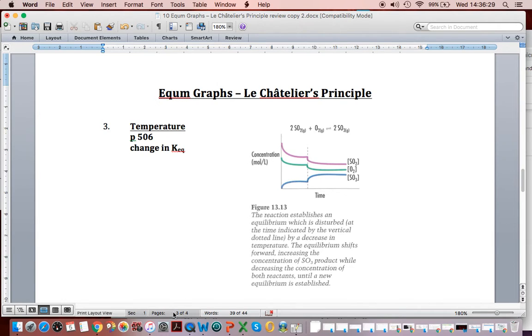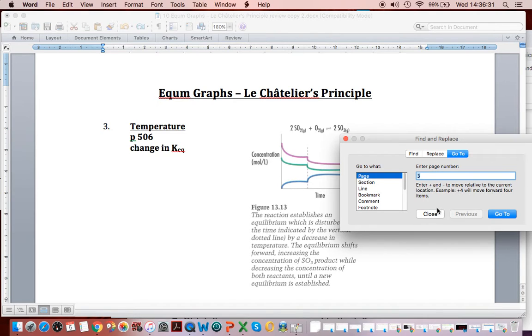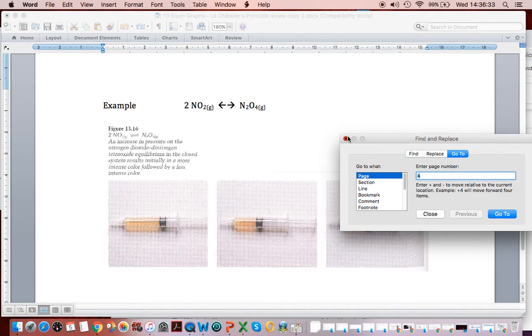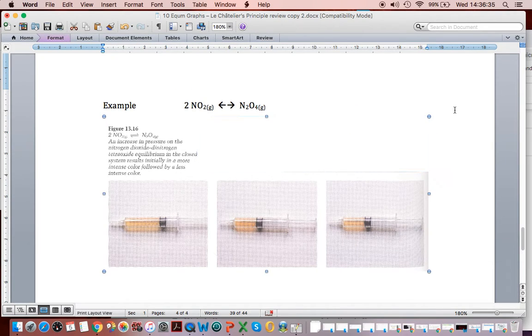We're going to go to our last page of notes here. Let's go to 4. Now we're looking at an equilibrium related to smog. So we have NO2 and N2O4, and this one involves pressure changes. When we increase the pressure by making a smaller volume, you can see we've compressed it.